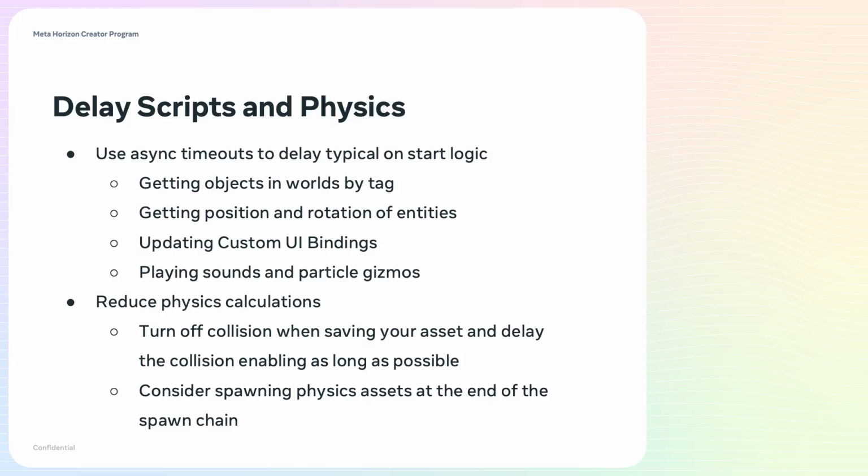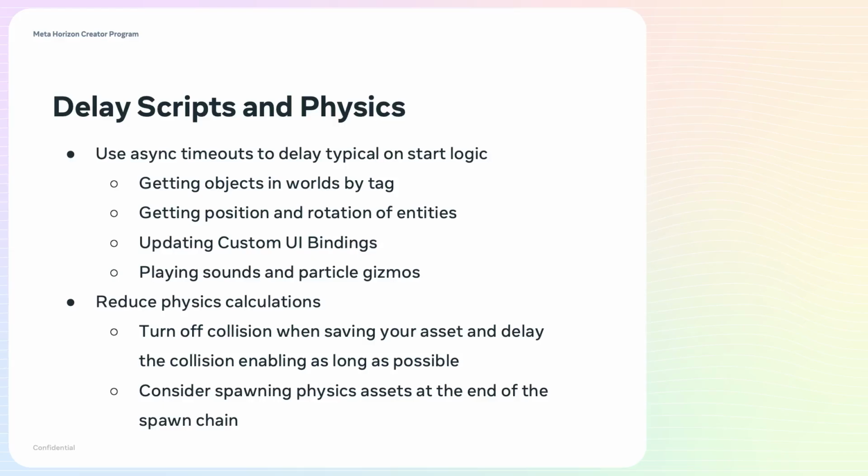For this, I said consider spawning physics assets at the end of the spawn chain, and that's because physics assets are interesting, right? When they're simulated, they're going to fall, they're going to drop down with gravity. So you don't want to turn the collider off on that thing, because then it's just going to fall through the floor.